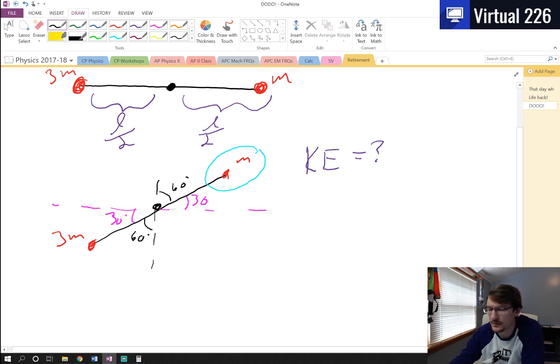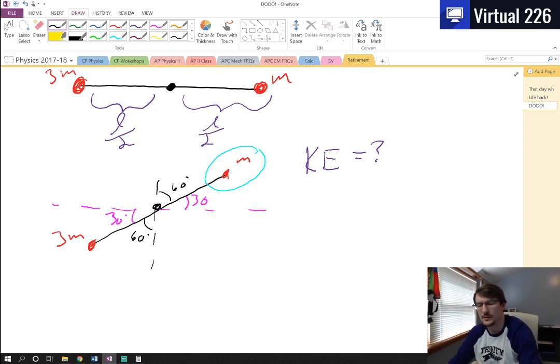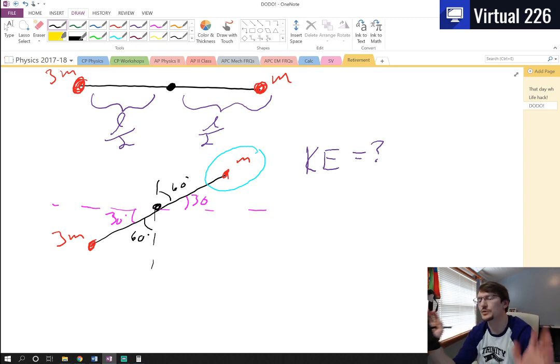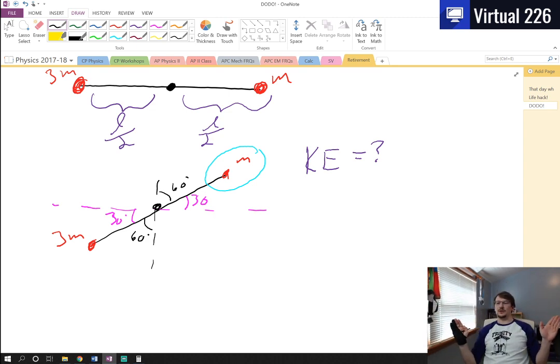That's 60. And we're not worried about the weight of the bar. Okay.